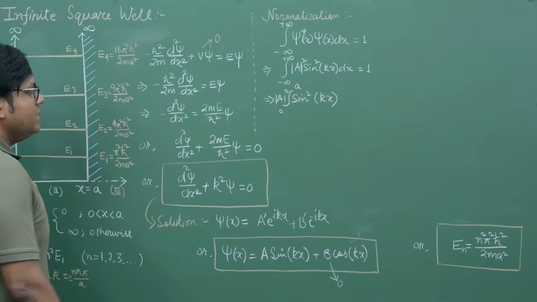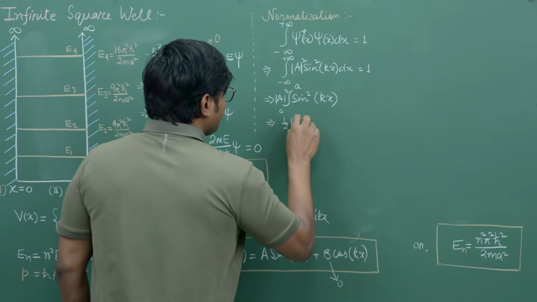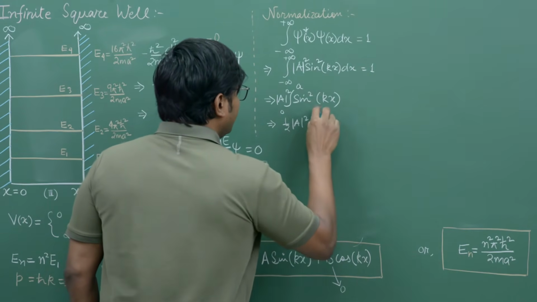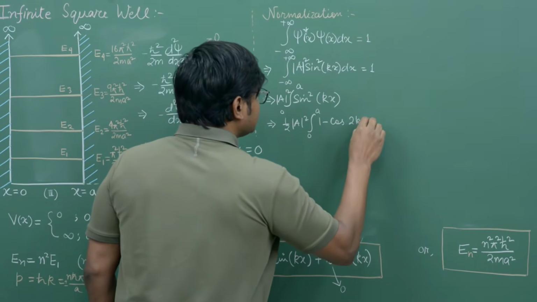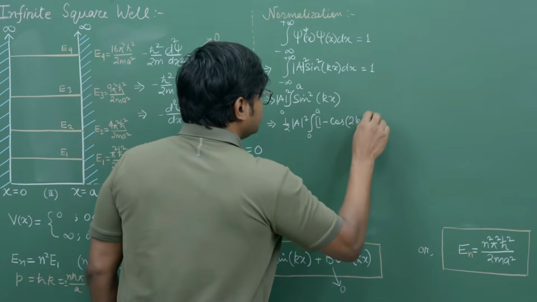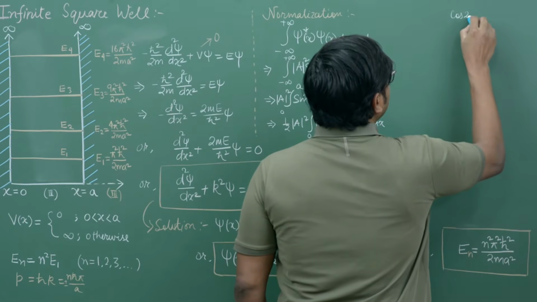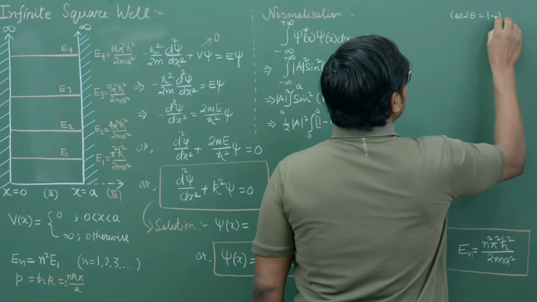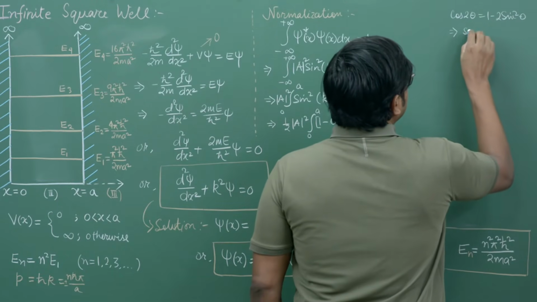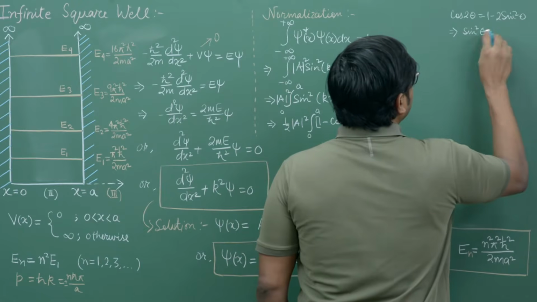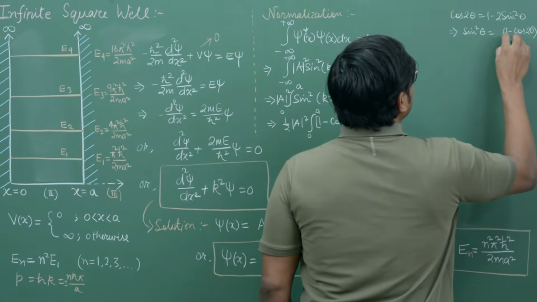Sine square something can be written as half of, from 0 to a, 1 minus cos 2kx. This is a trigonometric identity. So cos 2 theta is equal to 1 minus twice sine square theta. So sine square theta is equal to half times 1 minus cos 2 theta.